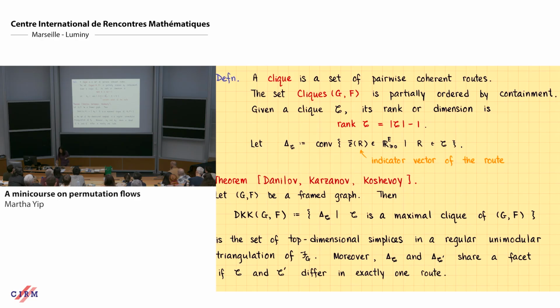And moreover, they tell us exactly when two simplices share a facet. Two of these simplices defined by maximal cliques share a facet if and only if they differ in exactly one route. So kind of like a flip, like a basis exchange thing.